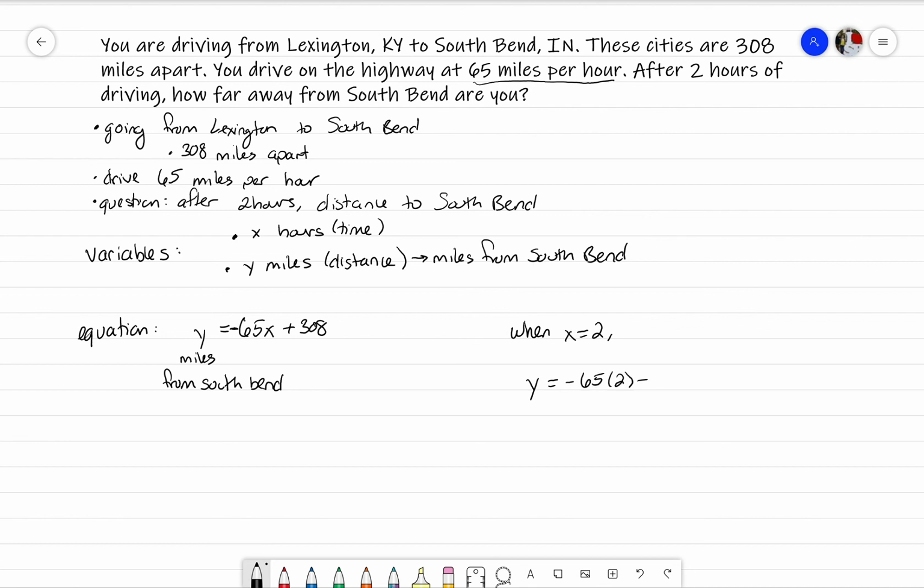Negative 65 times 2 plus 308. 65 times 2 is 130, so we have negative 130 plus 308, and that simplifies to 178. So the answer to this question is 178 miles from South Bend.